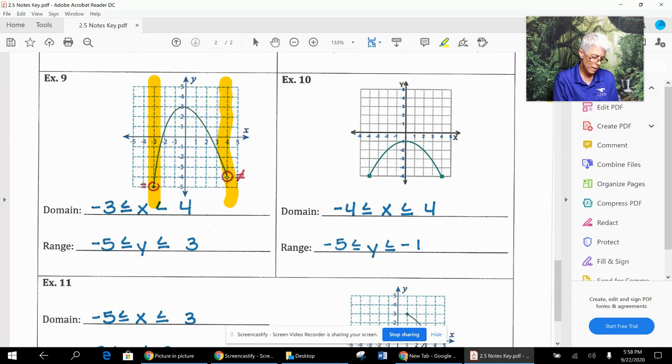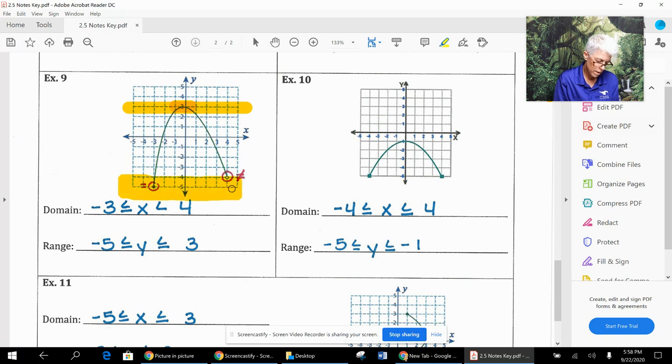And so -3 is less than or equal to x, which is less than 4. So you see I have two different symbols there because of the solid circle and the empty circle. I usually call it a circle and a dot. All right, let me get rid of that. And let's look at the y values.